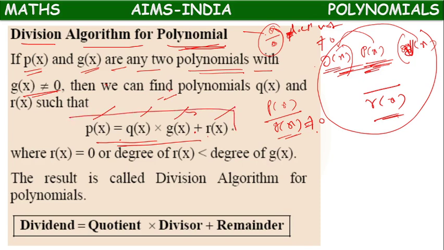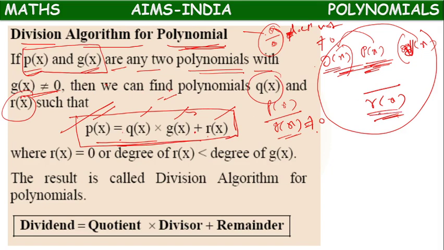So according to this relation, if we have two polynomials p of x and g of x, two more polynomials also exist satisfying this condition, where r of x is the remainder.